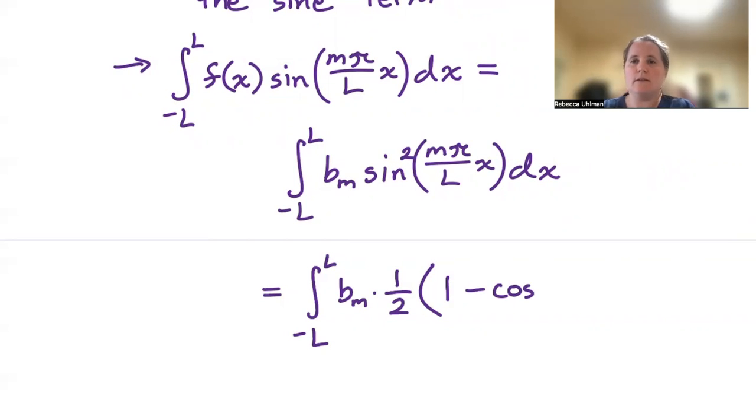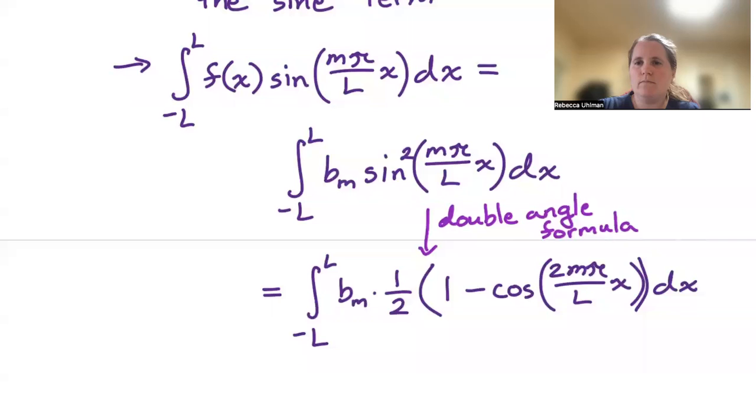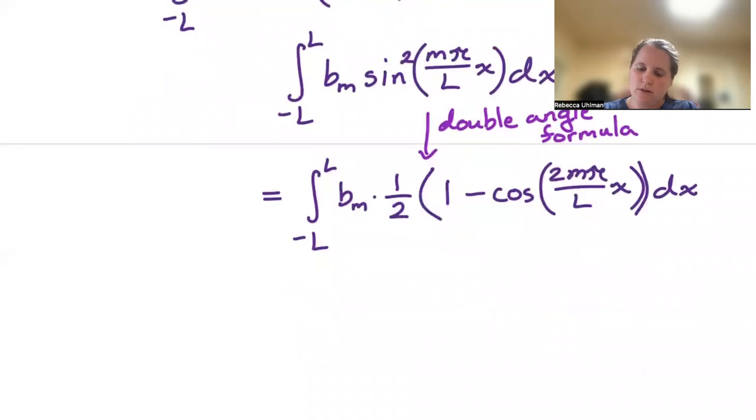I apologize, I need to update my screen. Taking this integral, switching back. So again, we use the double angle formula for cosine.